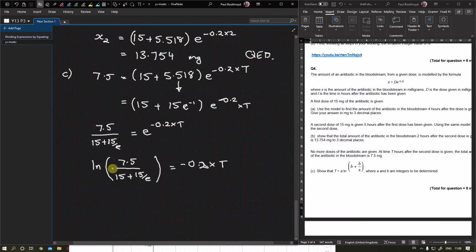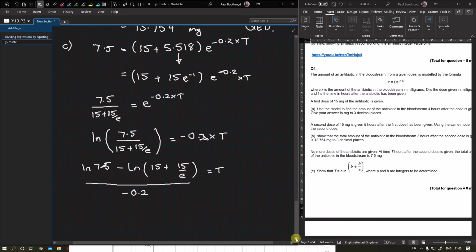So use the log rule for division. So we've got ln 7.5 minus ln 15 plus 15 over e, all of that divided by minus 0.2 gives me my t expression.